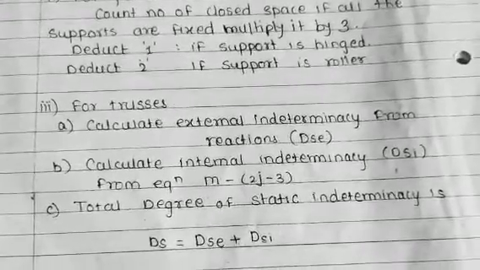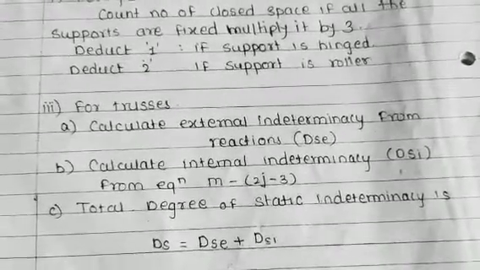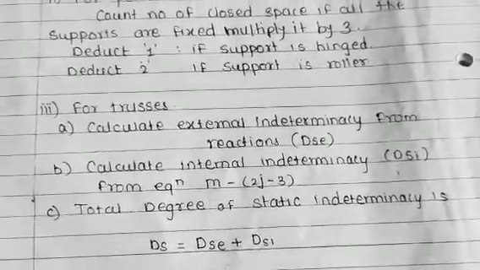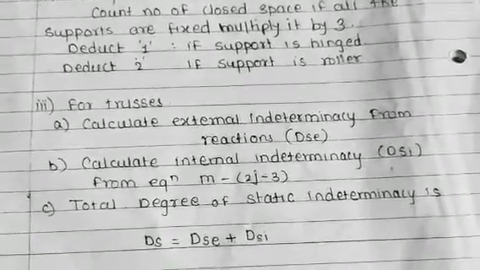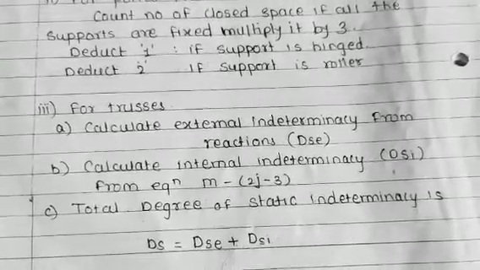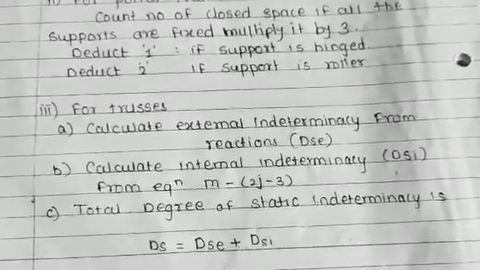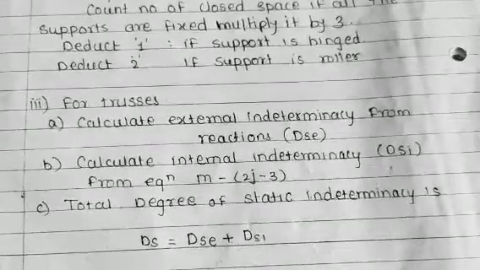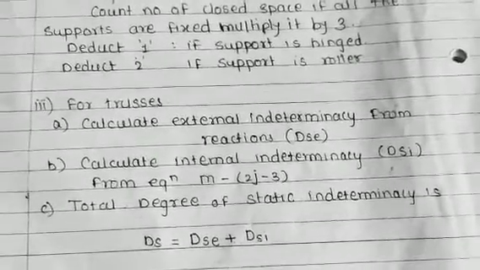Hence, we get the internal indeterminacy for that truss structure. When we add both degrees of indeterminacy, external as well as internal, we get the total degree of indeterminacy for truss structure.